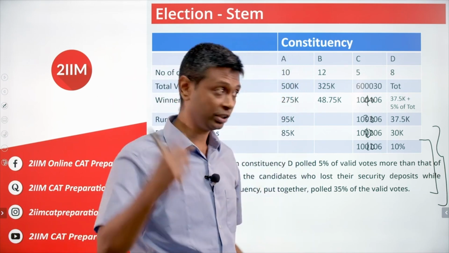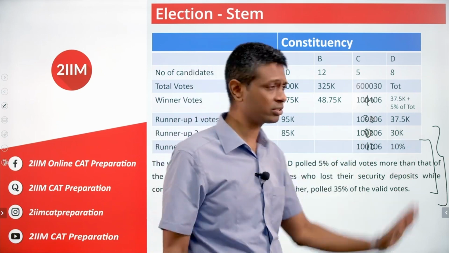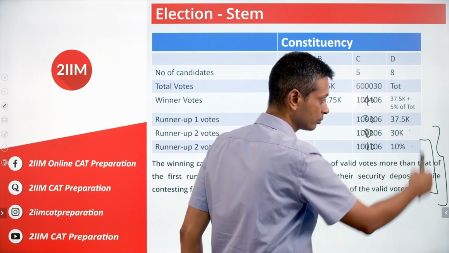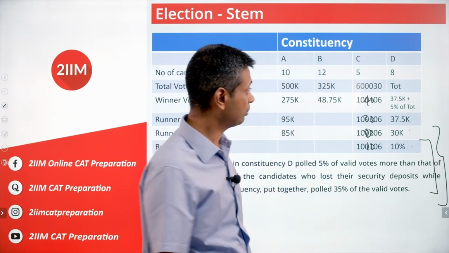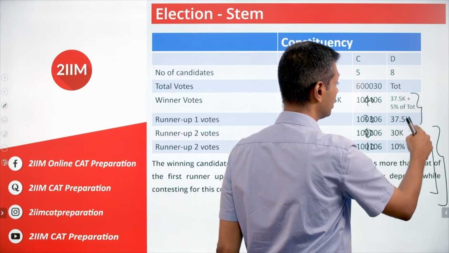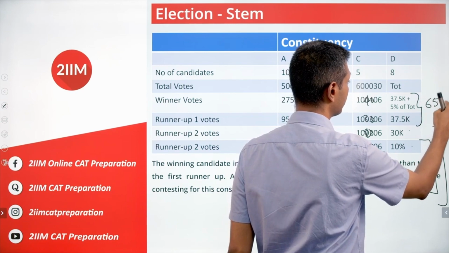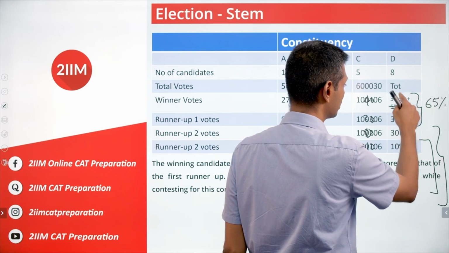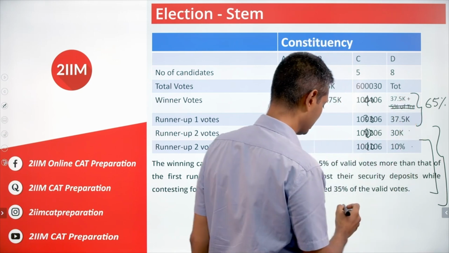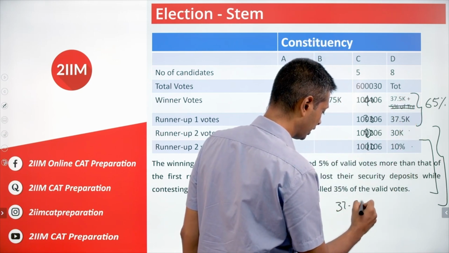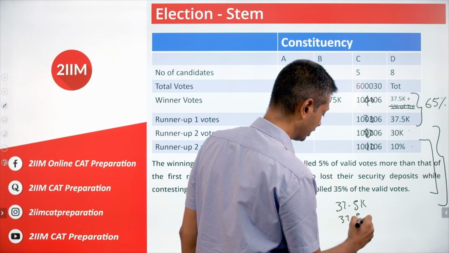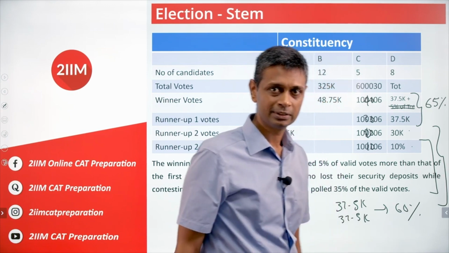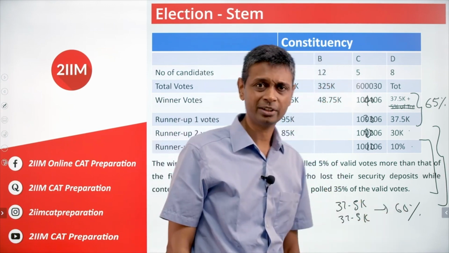Let's assume, hypothetically, that runner-up 2 also lost a security deposit. So from here onwards adds up to 35%. That means the remaining, these two, add up to 65% of the total votes. 5% goes off, or 37.5k, 37.5k, 37.5k plus 37.5k adds up to 60%.